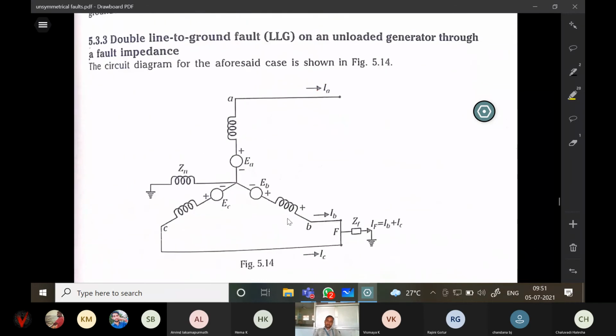So coming to the double line to ground fault on the power system.